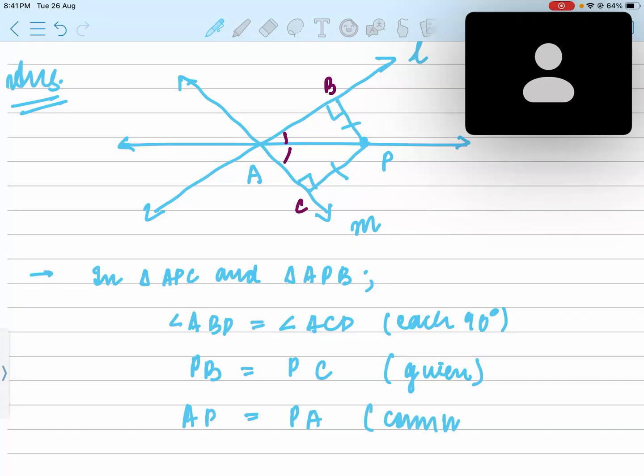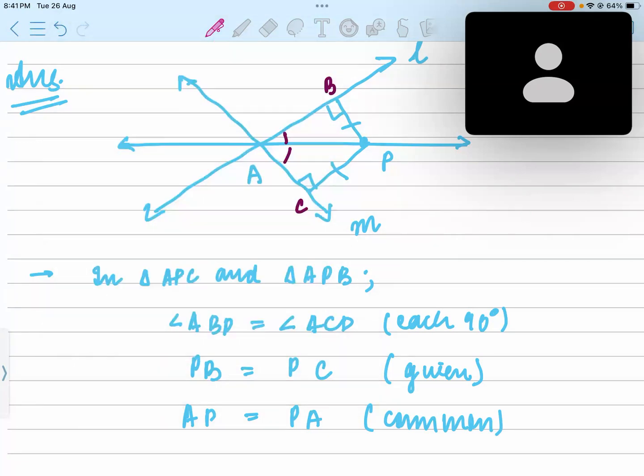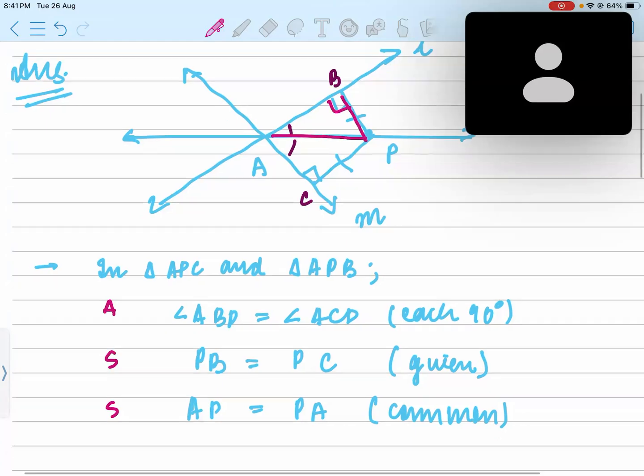So now children, which congruency are we using? I told you ASS is not any congruency. So what is it called? You have a right angle, you have a hypotenuse, and you have a side. So that's RHS, children.